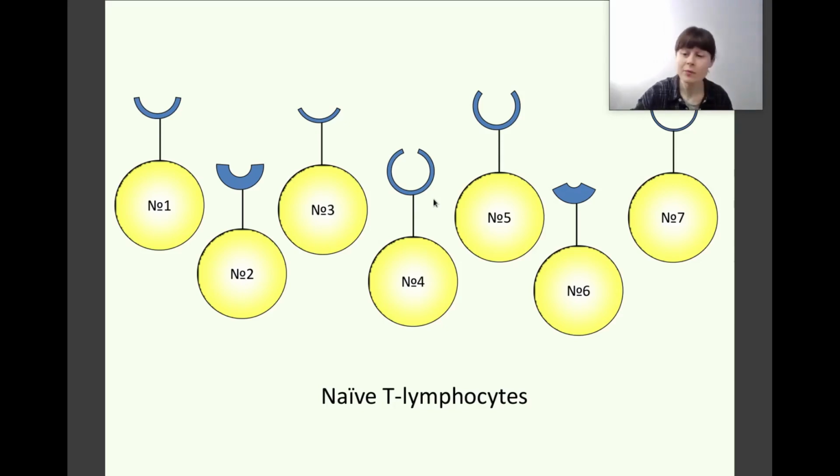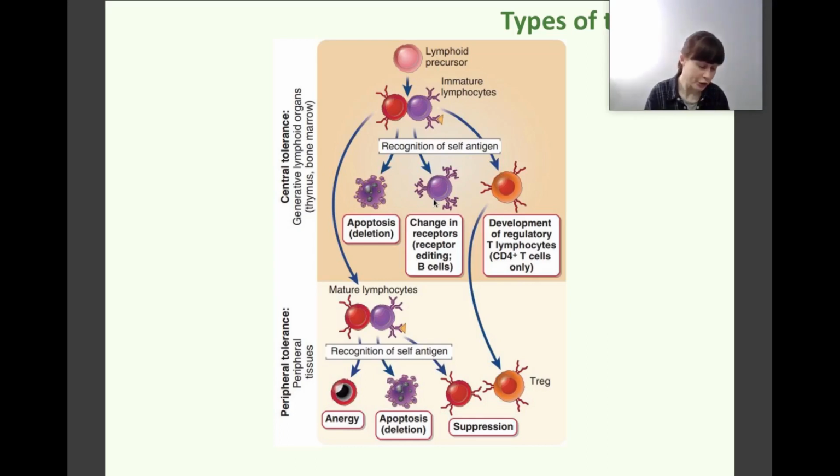There are several mechanisms of tolerance, which can be broadly categorized as either central tolerance or peripheral tolerance, and this is a more modern definition of immune tolerance.